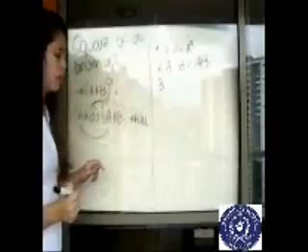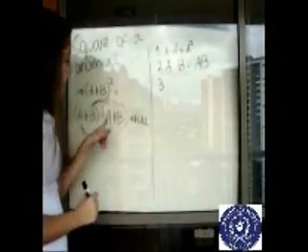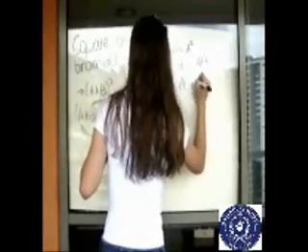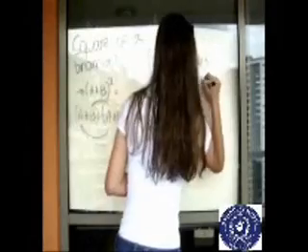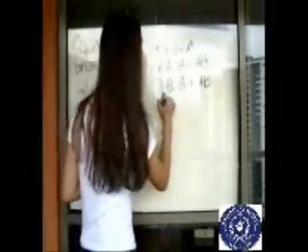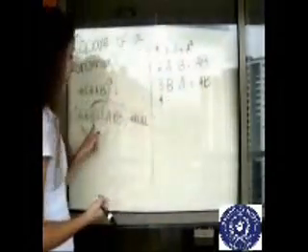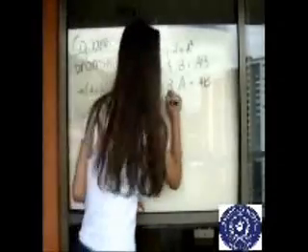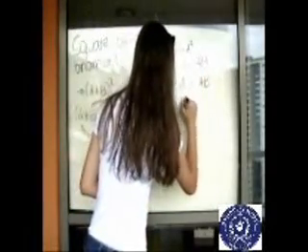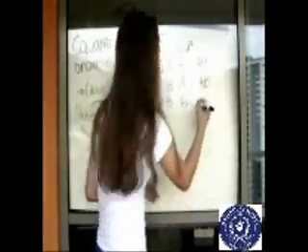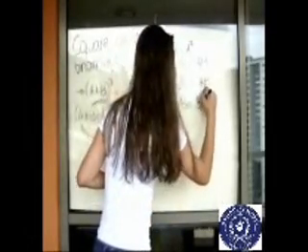The third multiplication is B times A, which is AB. The last multiplication is B times B, which is B to the power of 2.